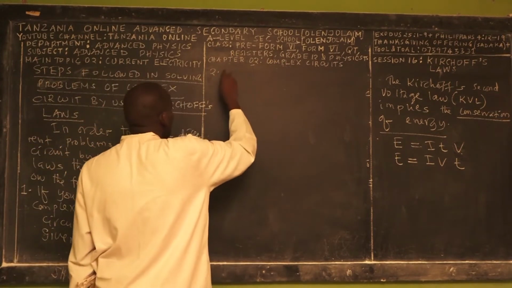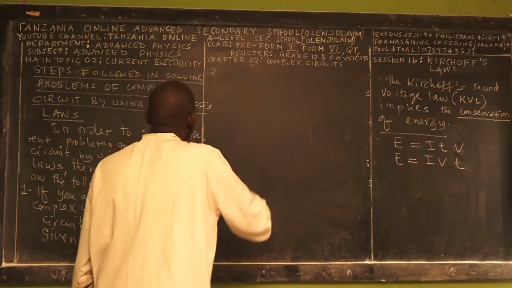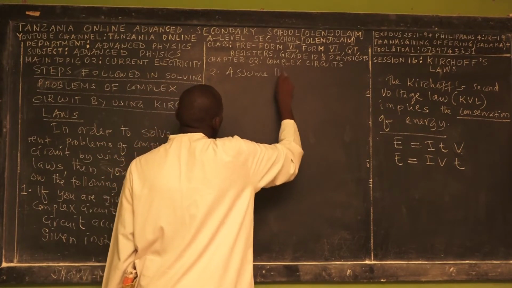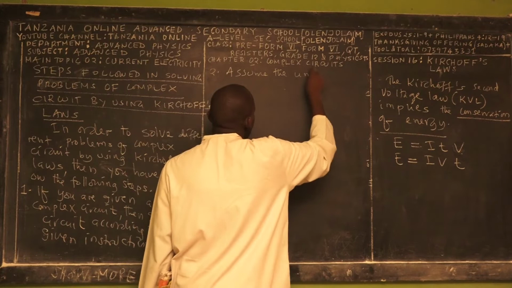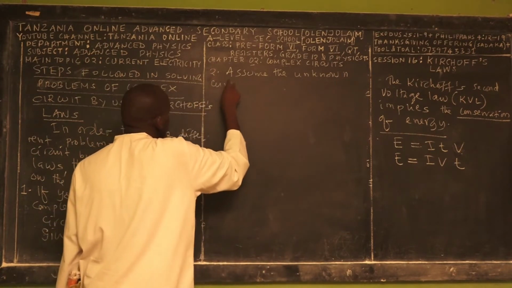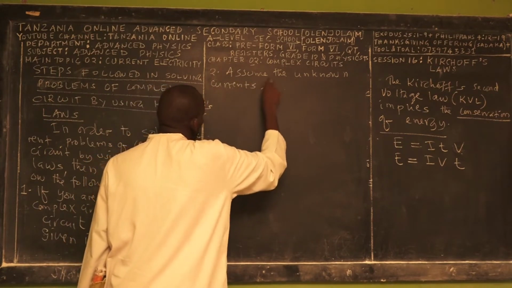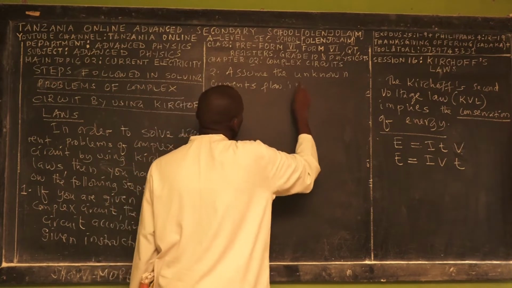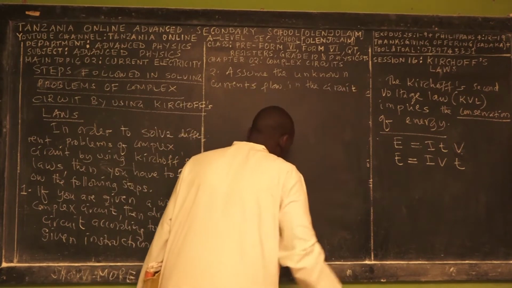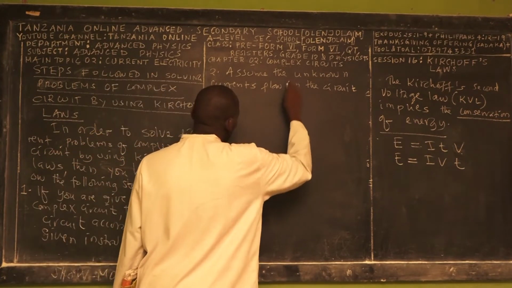So I say that assume the unknown currents flow in the circuit. You are allowed to make assumptions if the directions and the indications of currents are not given in the question.